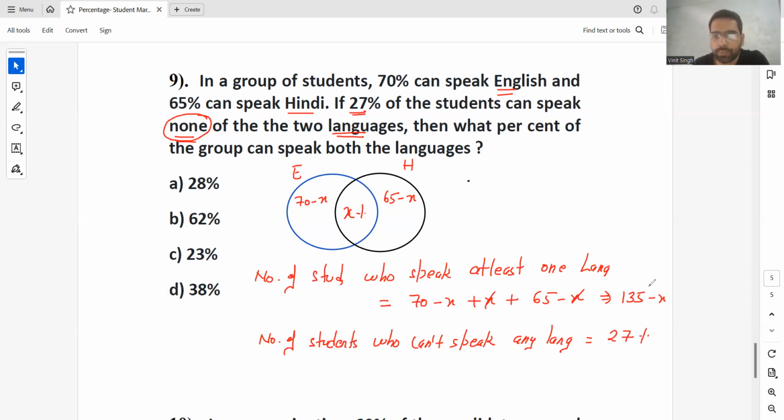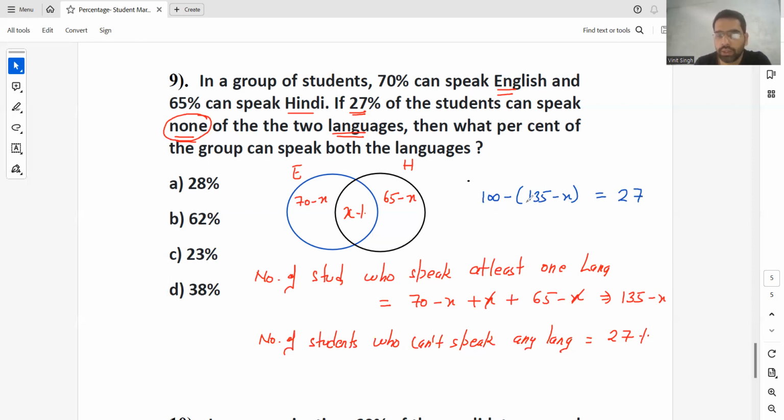Now, if we subtract 135 minus X from the 100, then we will get 25%. These are those students who can speak at least one language, and 25% are those students who can't speak any language. If we subtract 100 minus (135 minus X), then we will get 25%.